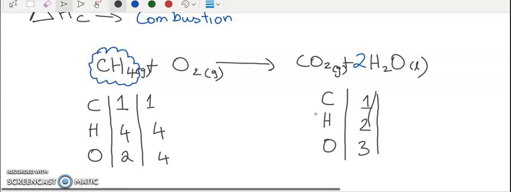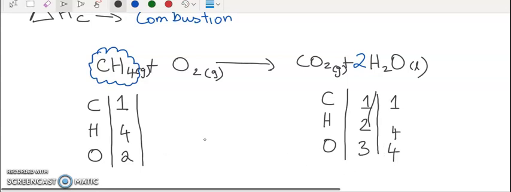Sorry, I'm writing this in the wrong place. It should actually be on the other side. Sorry about that. It should be four, and so now we have two and four.